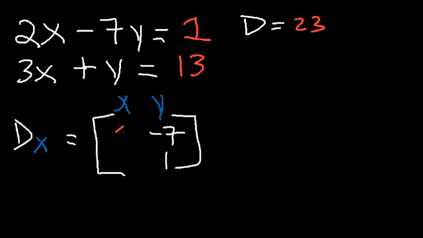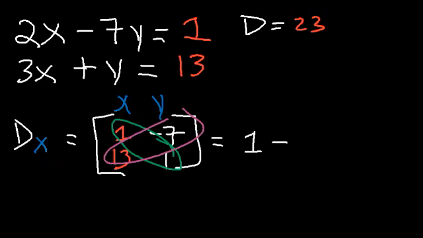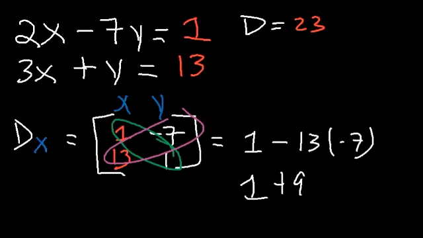So this is going to be 1 and 13. So 1 times 1 is simply 1, minus 13 times negative 7. Negative 13 times negative 7 is positive 91. So it's 1 plus 91. Therefore, dx is equal to 92.